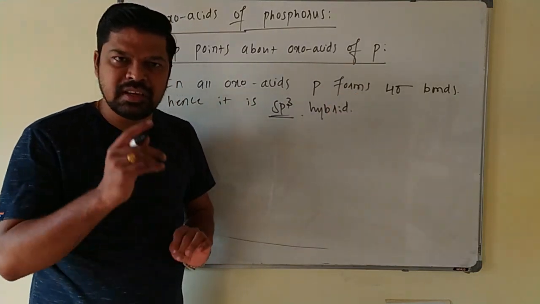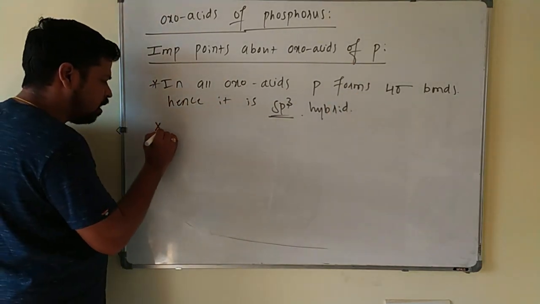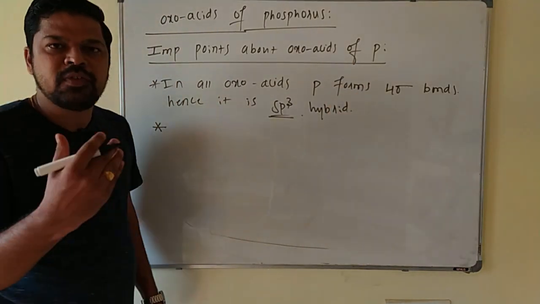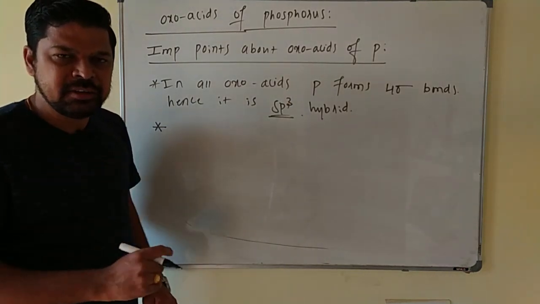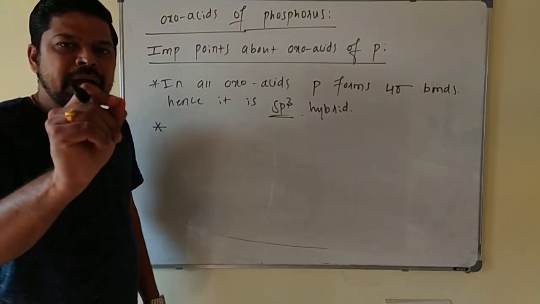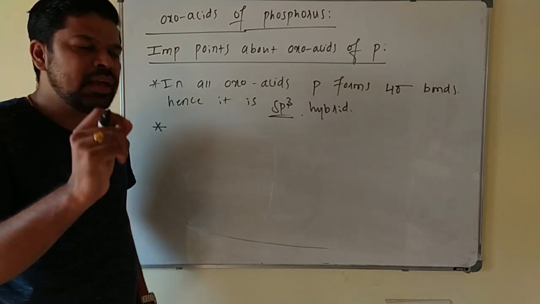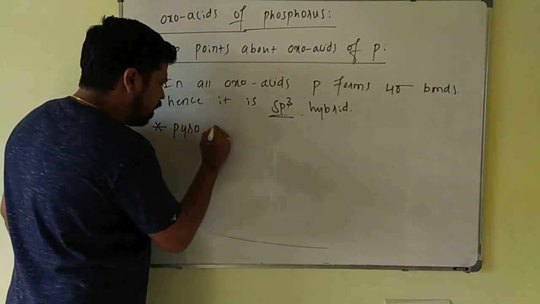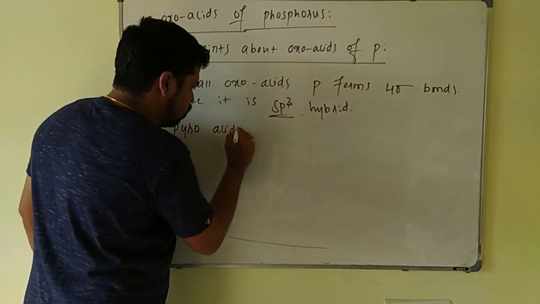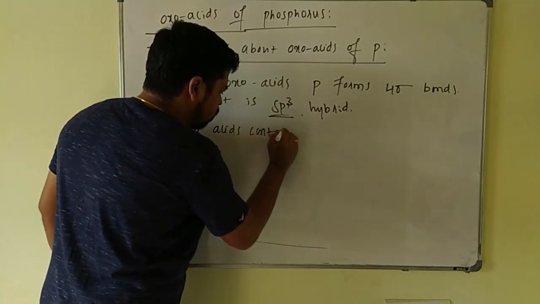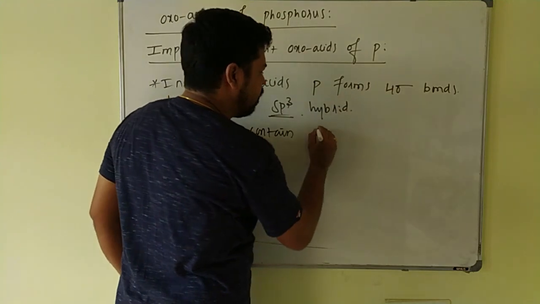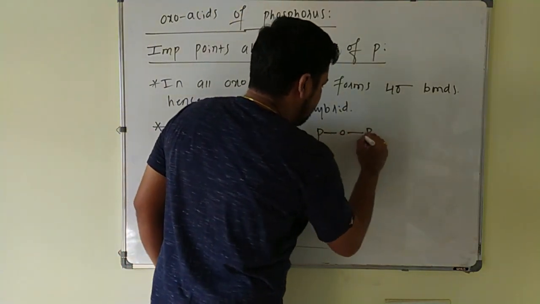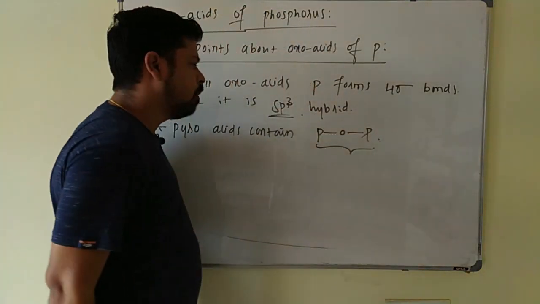Another very important point: I have already written pyrophosphorus acid and pyrophosphoric acid. In the case of pyroacids, pyro means you have to use a P-O-P linkage. Pyroacids contain a P-O-P linkage.